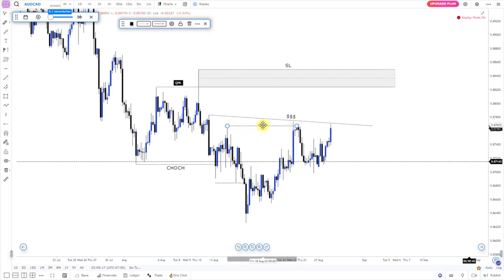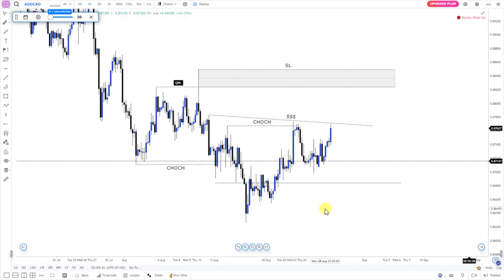I hope you can actually see it. And if you try to extend this, you see this is another QML pattern, which I told you that in some cases we do have an MPL, that is a maximum pain level, where we see price takes the low and we see a little retest, price reacts a little more before we see a break of that high that gives us this change of character.